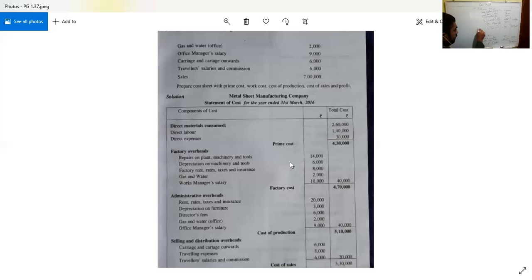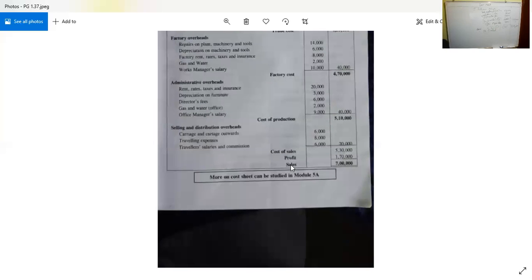Then add selling and distribution overheads. Selling overhead and distribution overhead, you need to add up with the cost of production or office cost. That is carriage and cartage outwards, it is 6,000.